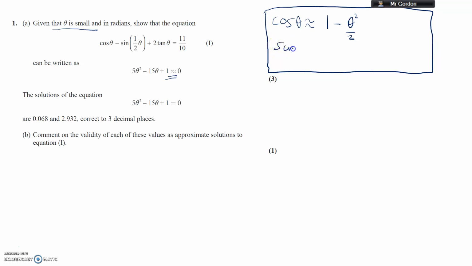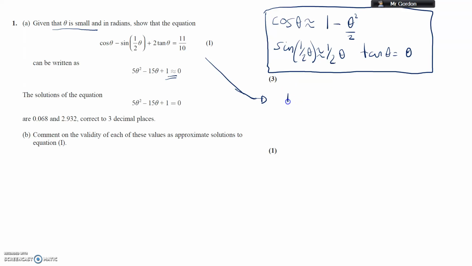For the sine a half theta, that is going to be approximately just a half theta. And for tan theta, that is approximately theta. So these will be in your textbook somewhere. Alright, so this is what I'm going to be substituting in for the cos theta, sine a half theta and 2 tan theta. We'll substitute them in down here.